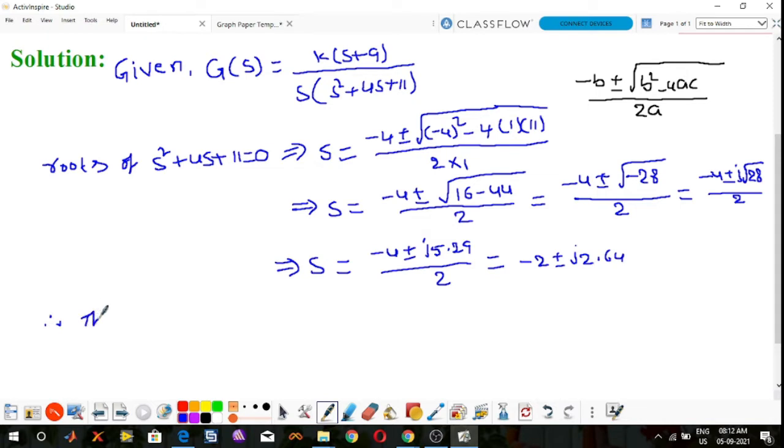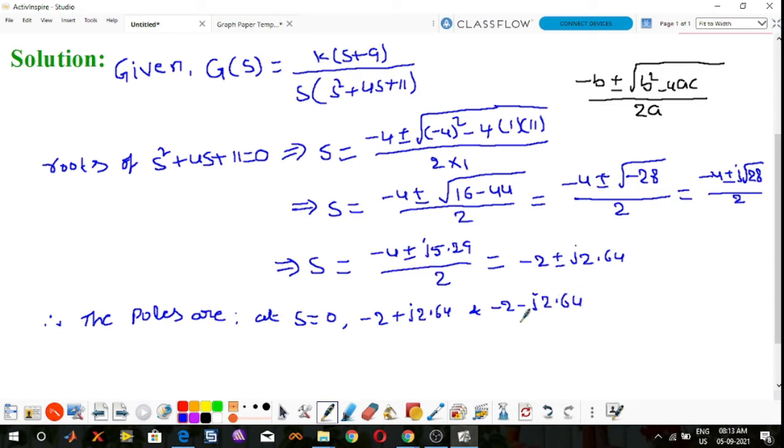Therefore the poles of the open loop transfer function are: one pole at s = 0, the second pole at s = -2 + j2.64, and the third pole at s = -2 - j2.64.